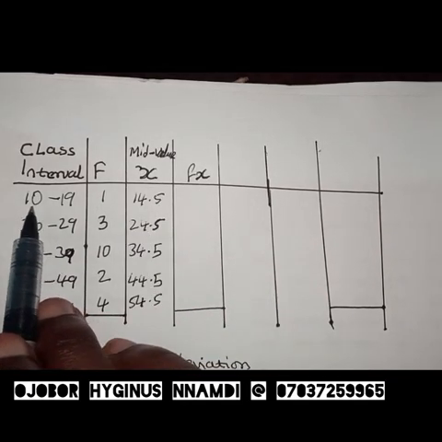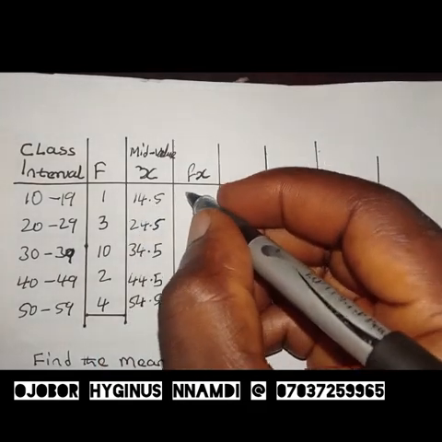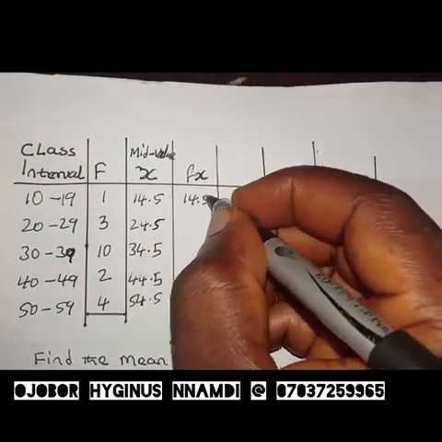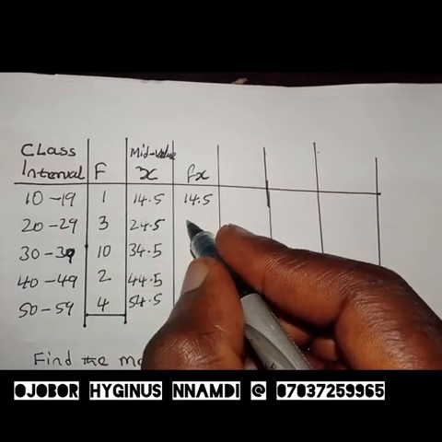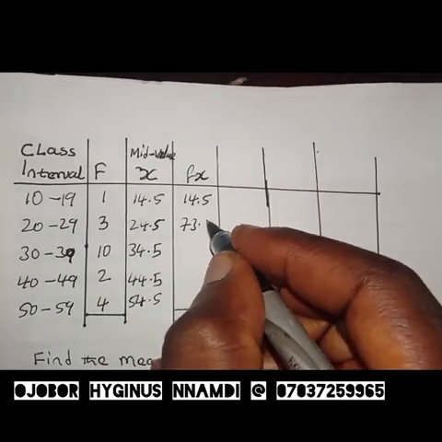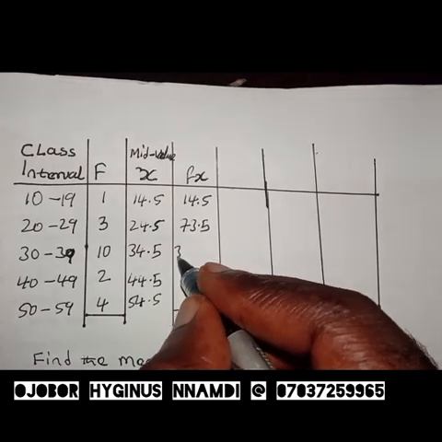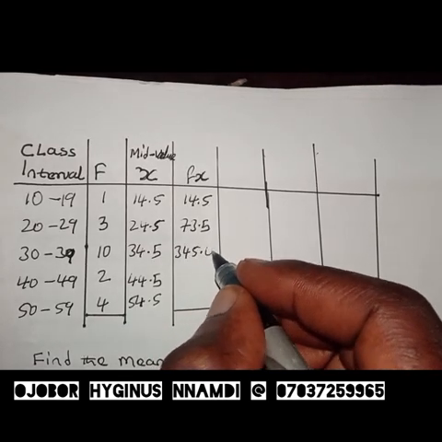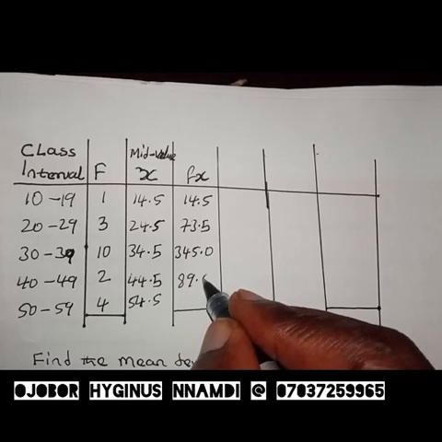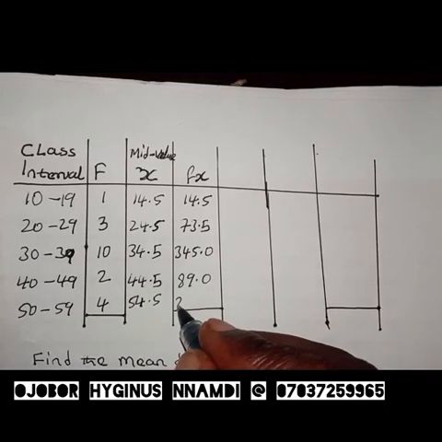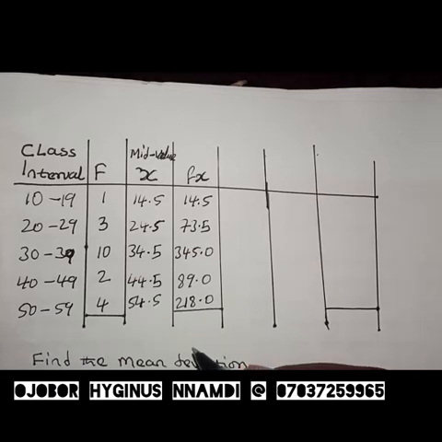Fx is the product of the f, frequency, and the x. 1 times 14.5 is still 14.5. 3 times 24.5 is 73.5. 10 times 34.5 is 345.0. 2 times 44.5 is 89.0, and 4 times 54.5 is 218.0. So we've gotten fx.